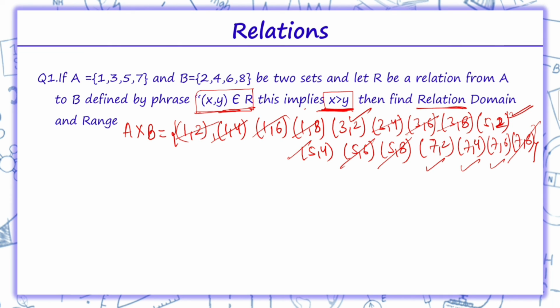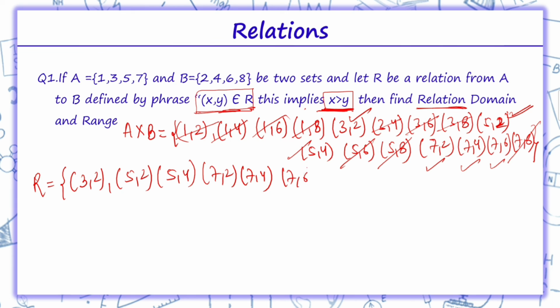So the relation we found over here is 3 2, 5 2, 5 4, 7 2, 7 4, 7 6, because in the question they gave x should be greater than y.